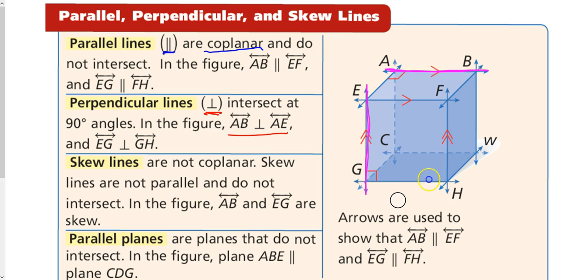Then we also talk about parallel planes. Parallel planes is the same as parallel lines, but we're dealing with planes instead. So plane ABE is this top plane here. Remember, it extends in two directions forever and ever, and it is parallel to plane CDG.